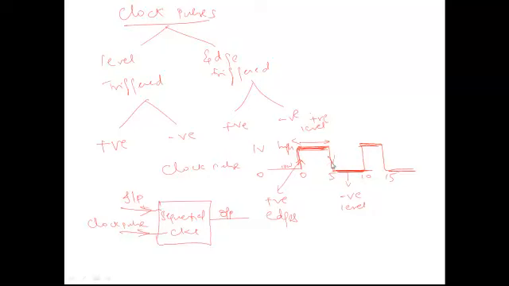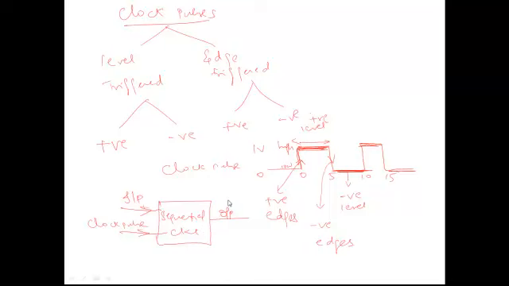High to low, we call it a negative edge. So this sequential circuit will give changes only when the clock pulse changes from high to low or low to high. It is only a fraction of a nanosecond that this will happen, so the sequential circuit will always be in the stable state. This is the difference between level triggering and edge triggering.